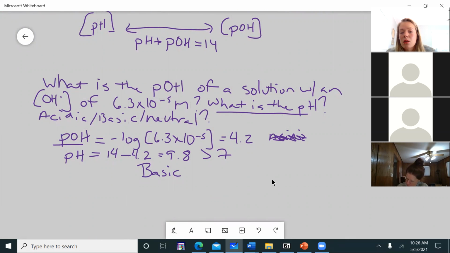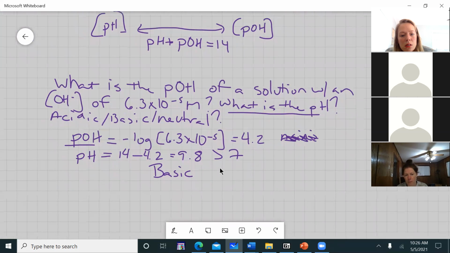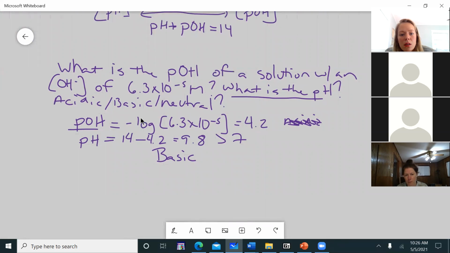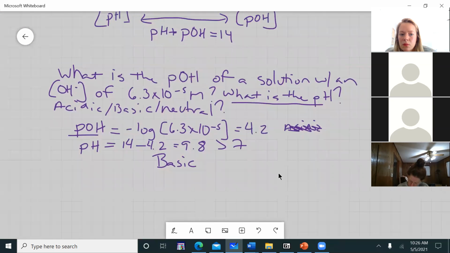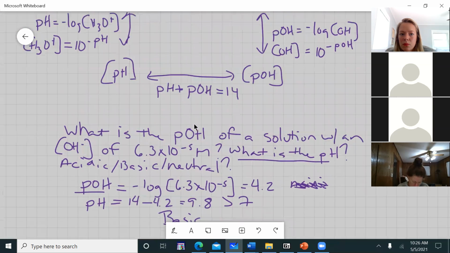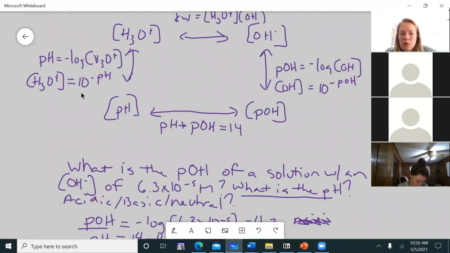No, the problem I was having was doing the negative log to get the pH or the pOH, depending which one you get. In some of the homeworks, I would put the answer the way that you showed us how to do it. Wait a minute, is that right? The H3O is 10 to the negative pH, right?